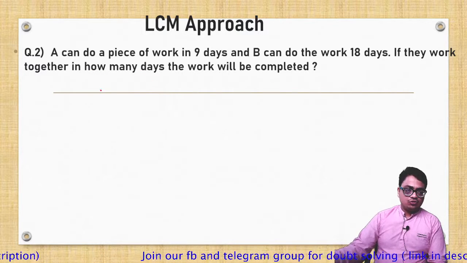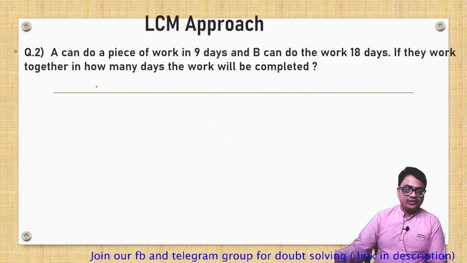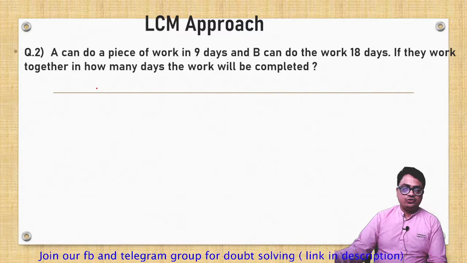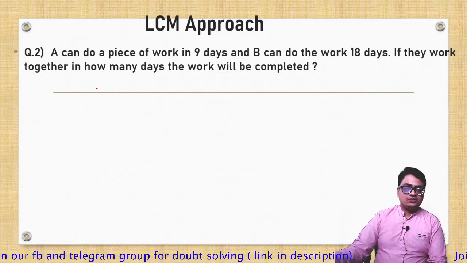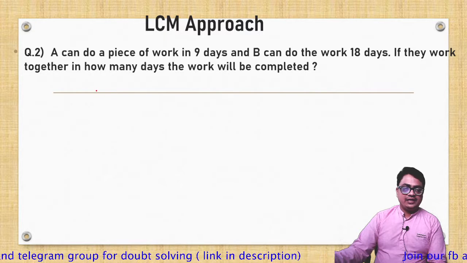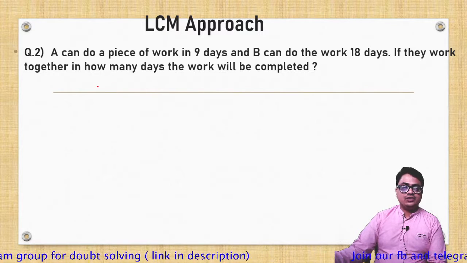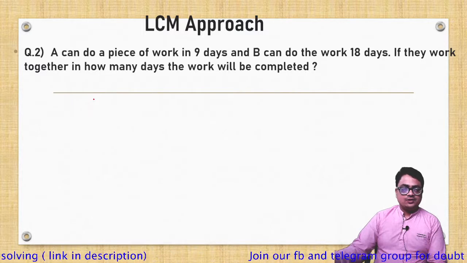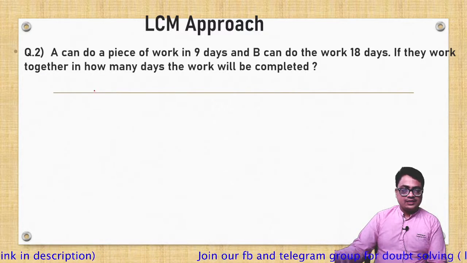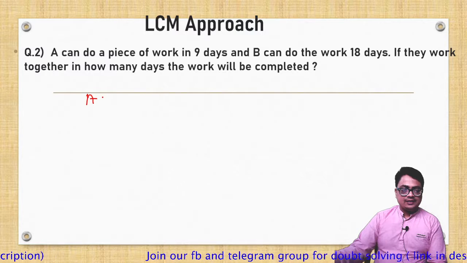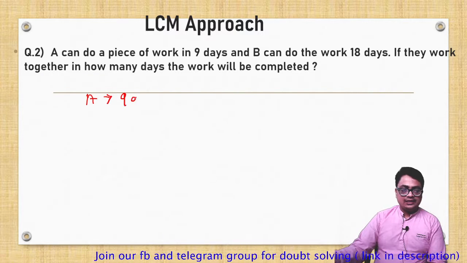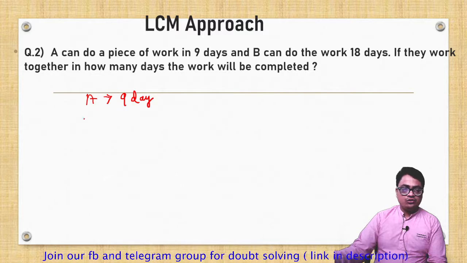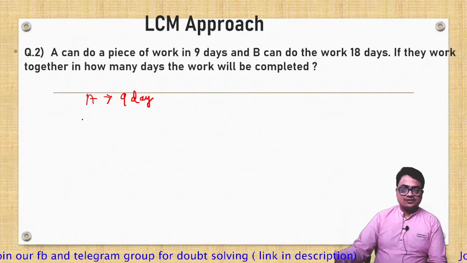We will first do it in the unitary method, then solve through the LCM approach, which is the second approach we will be learning. Then there is a direct formula for this, which we will also learn. So let us say A can do the work in 9 days.